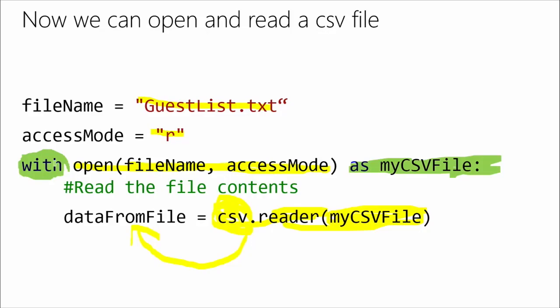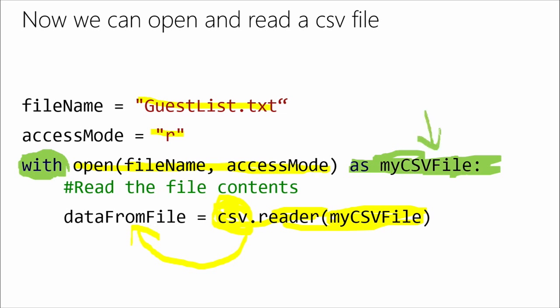Right. When you use this syntax to open a file, it's basically designed to help protect you. When you say with open file as and give your file a name this way, instead of saying my CSV file equals open file name access mode, instead I'm saying with open file as, and this is the file name here, my CSV file.